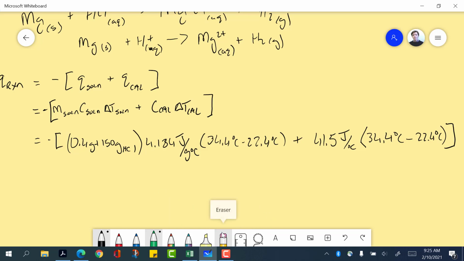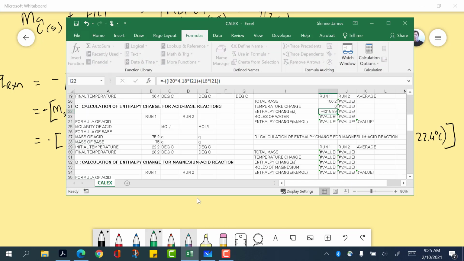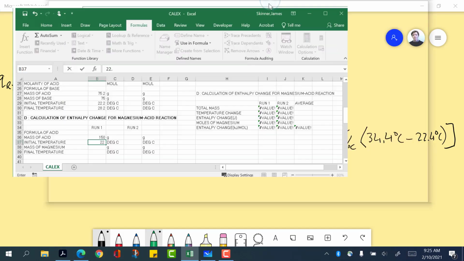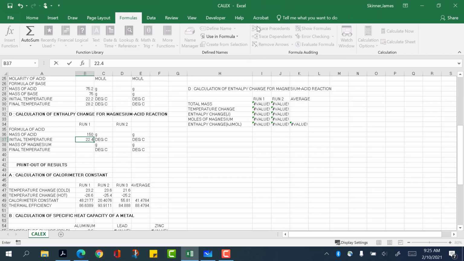And so, if we plug that information into the spreadsheet that they gave us, the mass of the acid was 150 grams, and the initial temperature was 22.4.